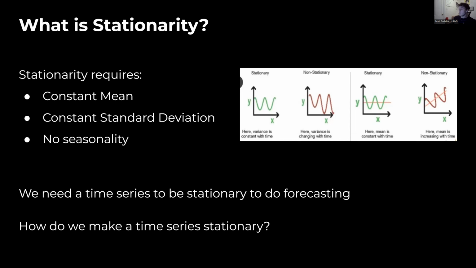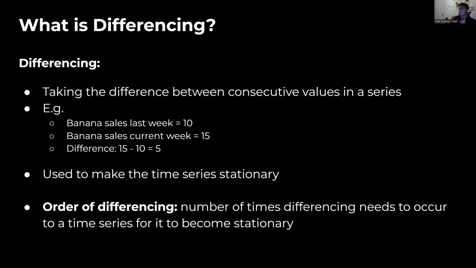So if we need our time series to be stationary to do forecasting, how do we actually make it stationary? Well, I have the answer. So the answer is to do differencing. And so this is one of the answers that you're able to make a time series stationary. And this is actually by taking the difference between consecutive values in a series.